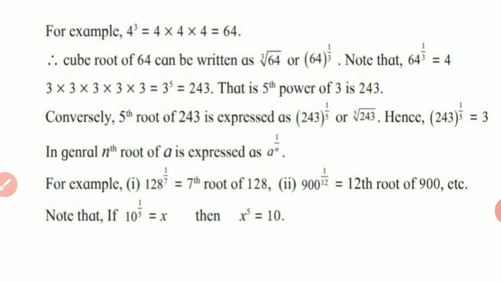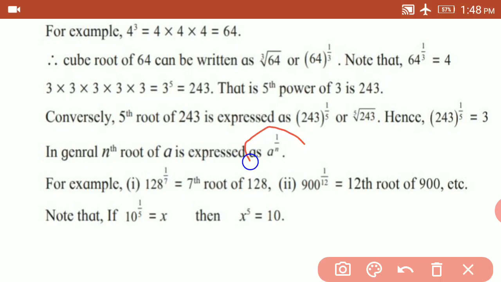Conversely, fifth root of 243 is expressed as 243 raised to 1 upon 5 or fifth root of 243. Hence, 243 raised to 1 upon 5 is equal to 3. In general, nth root of a is expressed like this. Remember.